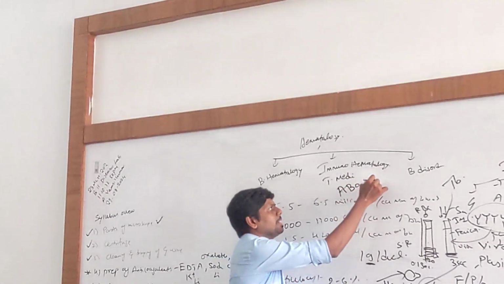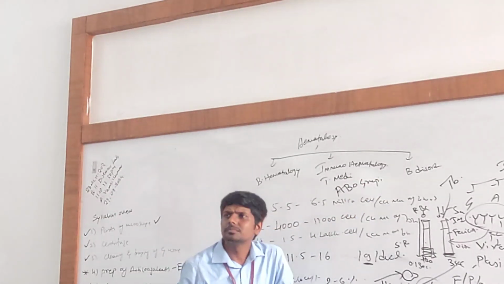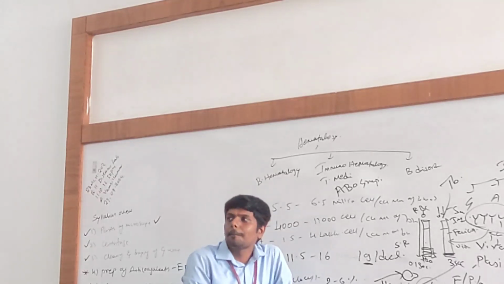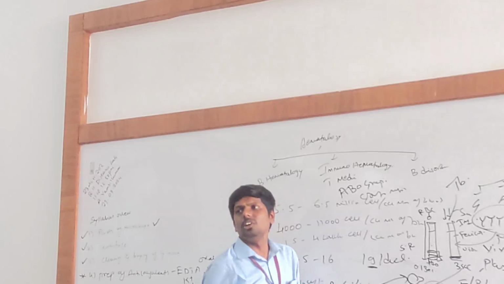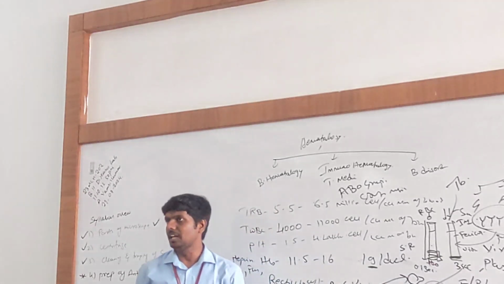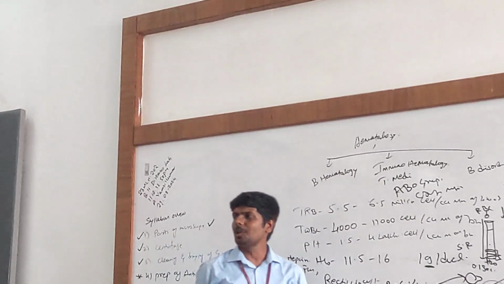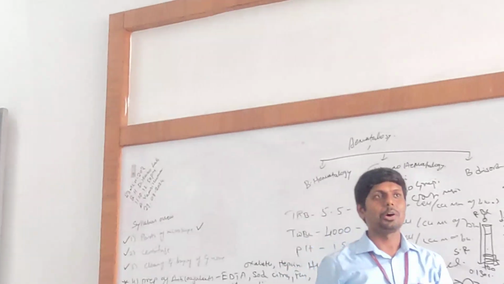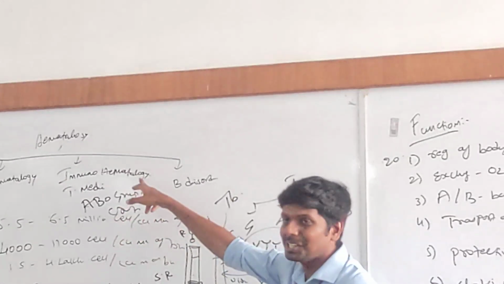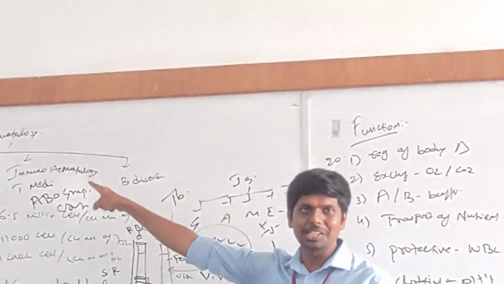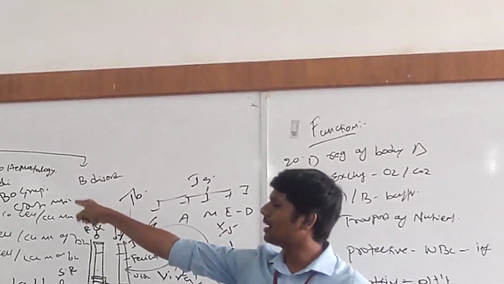ABO grouping. Any more tests? Do you know what is cross matching? So we are doing something called cross matching that I will discuss later. Can you tell me the concept of ABO grouping? Okay, I will discuss ABO grouping later. You just write the examples, ABO grouping and cross matching.